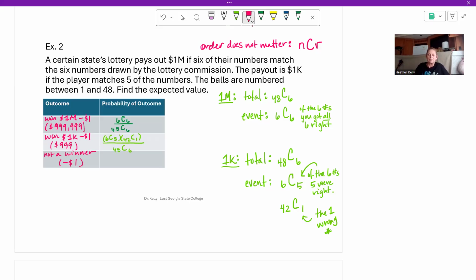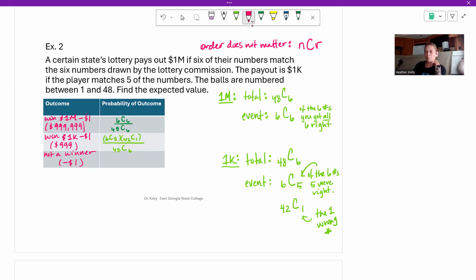This might seem crazy, but check it out. 6 plus 42 is 48, and 5 plus 1 is 6. These numbers have to add up for this to be a solid situation. So it's a good double check for you to make sure that you've got that going on with this complex one. It's not a simple one like on top.